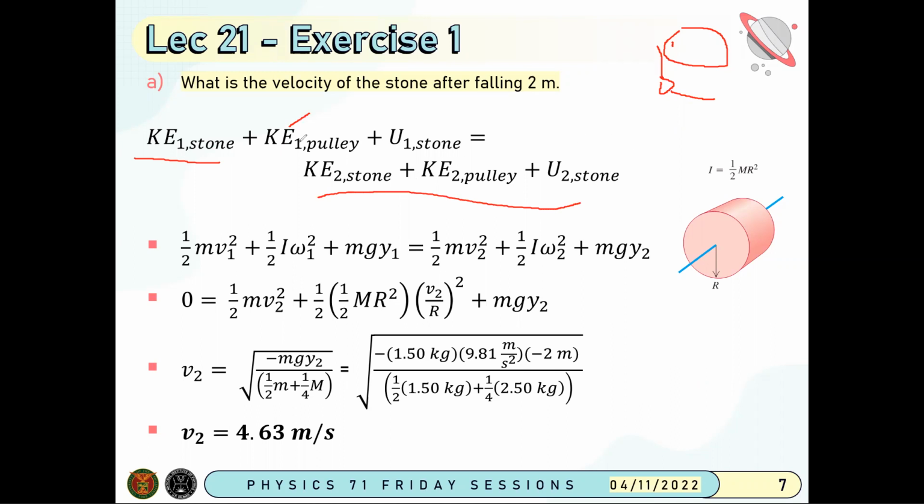Okay. And if we write the equations, we have 1/2 mv squared, 1/2 I omega squared for the rotational, and then mgy for the potential energy of the stone. Now, the problem says it starts from rest.